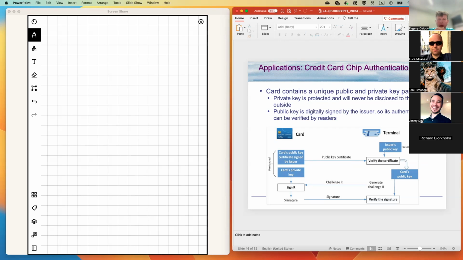Well, let's then start with this figure in yesterday's presentation about how authentication happens.